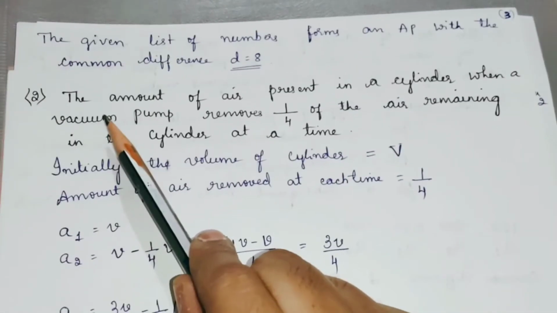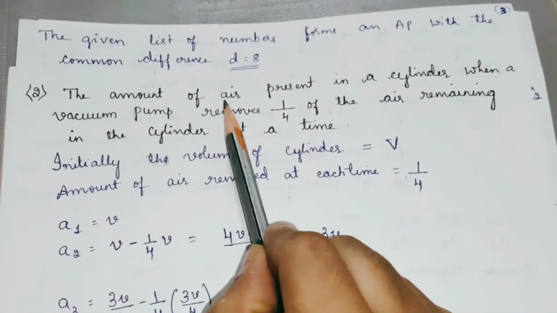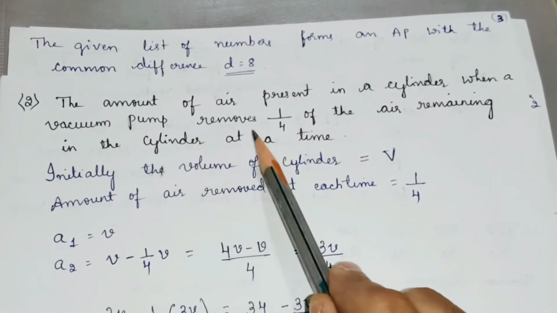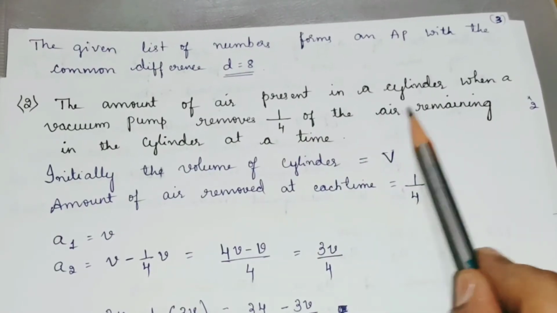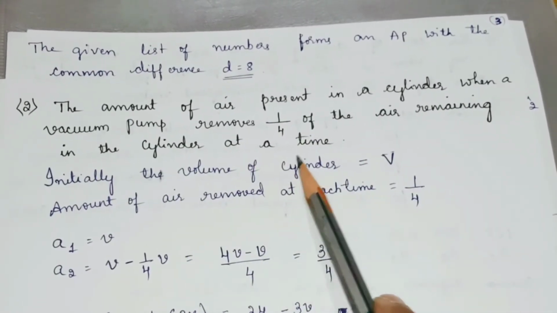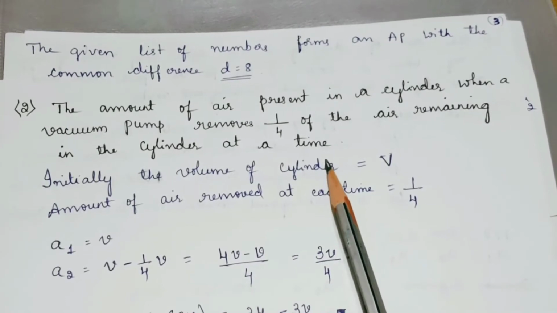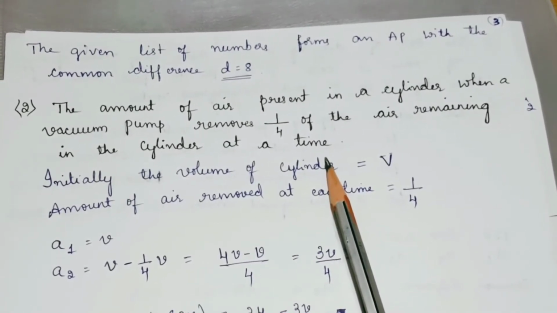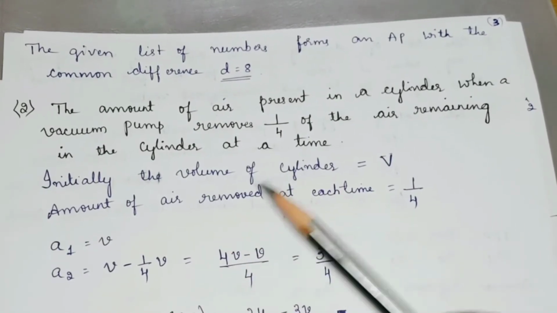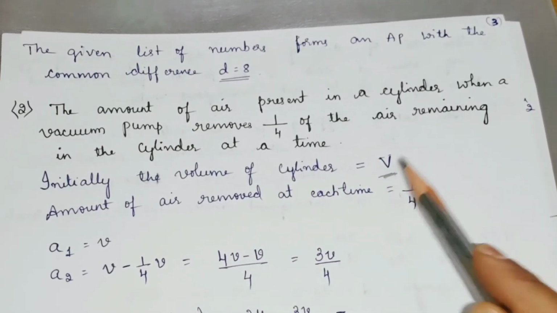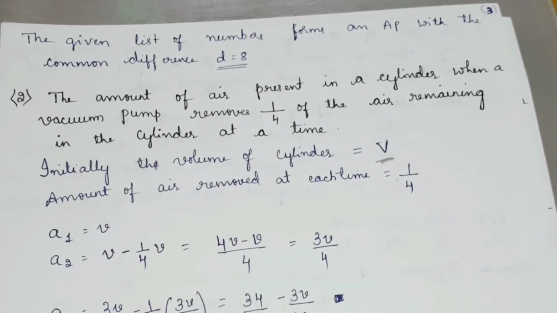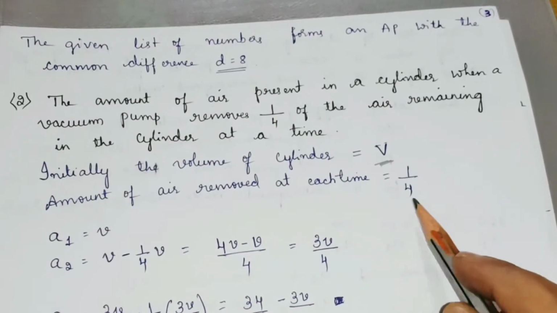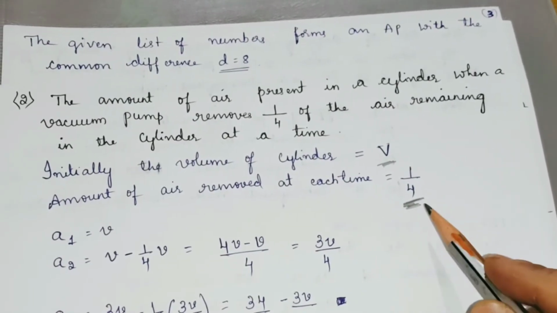Now, move to the next question. The amount of air present in the cylinder when the vacuum pump removes 1/4 of the air remaining in the cylinder at a time. Initially, the actual volume is not mentioned, so the volume of the cylinder has to be taken as V. Now, every time the vacuum pump removes 1/4 of the air.